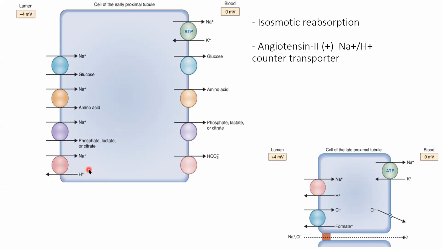So you have a deficiency of ECF volume, which triggered the angiotensin 2 system. Angiotensin 2, at a higher concentration, enhanced the sodium hydrogen antiport mechanism, which basically meant sodium was absorbed more to address the decreased ECF volume. But at what expense? The expense of hydrogen.